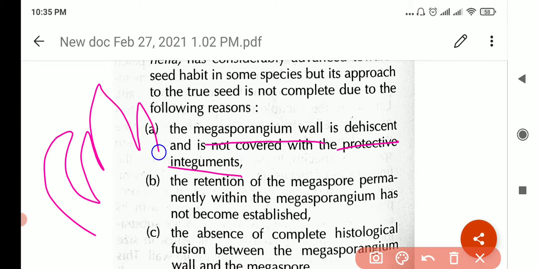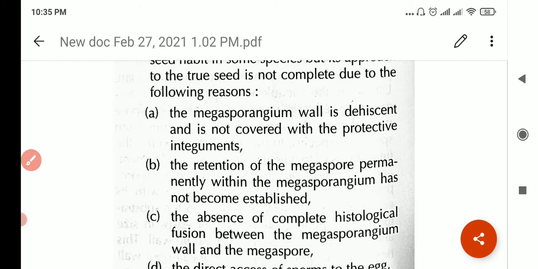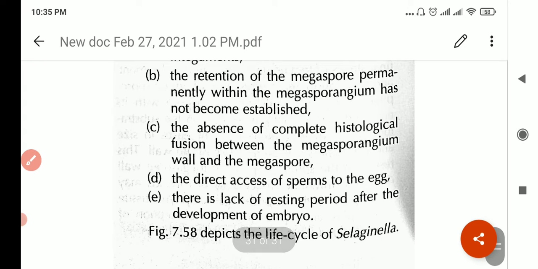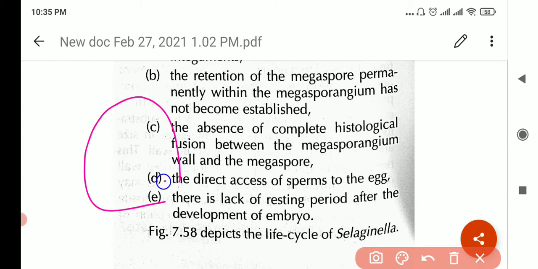Remember, you have these integuments, but here the spores are exposed. Then the permanent retention of the megaspore within the megasporangium has not been established, meaning we are not sure whether it's really retained or not. Then there is no complete fusion between the megasporangium wall and the megaspore. You have seen, in your practical, there is no complete fusion.